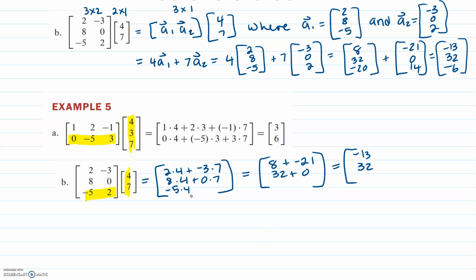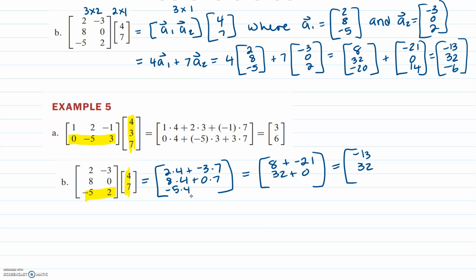So let's look at example 4 in the book. It's asked to compute A times X, where A is this 3 by 3 matrix and X is in R3. This does make sense because A is a 3 by 3, X is a 3 by 1, so the result is going to be a 3 by 1. So let's go ahead and do this.